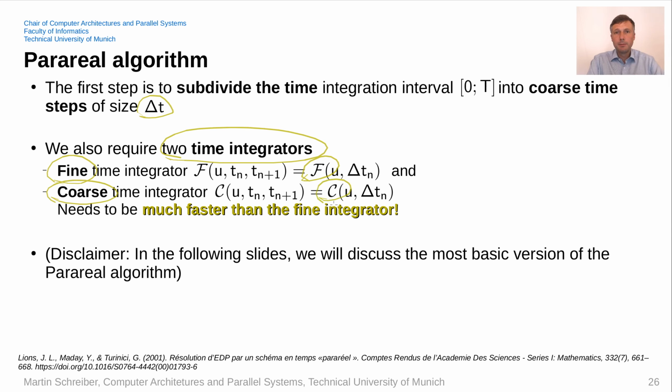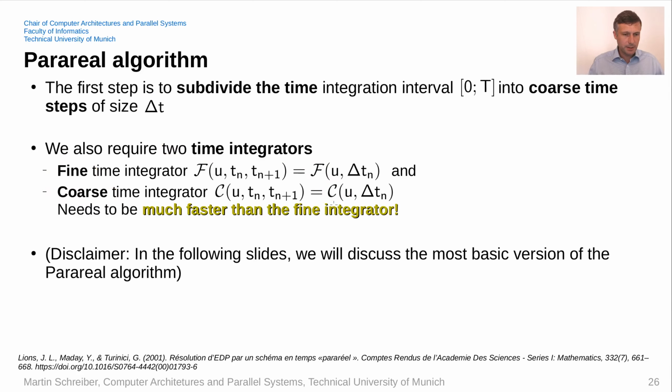And there's one requirement regarding wall clock time, namely that the coarse time integrator is much faster than the fine time integrator. And there are a lot of other requirements on that coarse time integrator, such as that you require a fast convergence with parallel, which is also shown on the next slides.